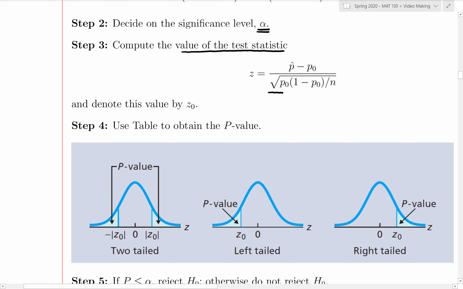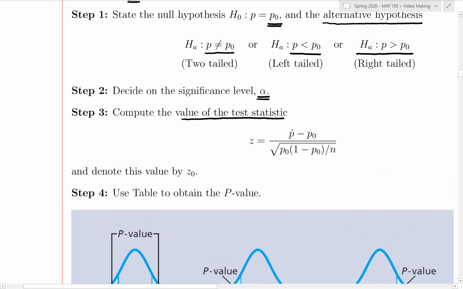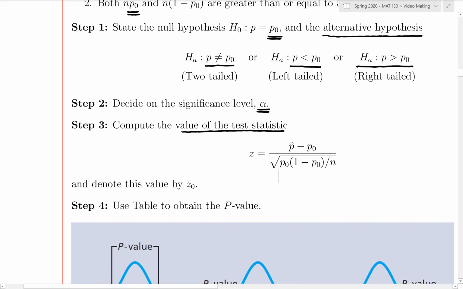And I want you to pay attention here. The denominator here is not P hat, but instead P naught, which is the hypothesized value. So when we are computing the standard error, which is in the denominator, we are using the hypothesized value, not the sample proportion. The reason we're doing this is, remember, when we are doing hypothesis testing, what is the assumption we are making here?